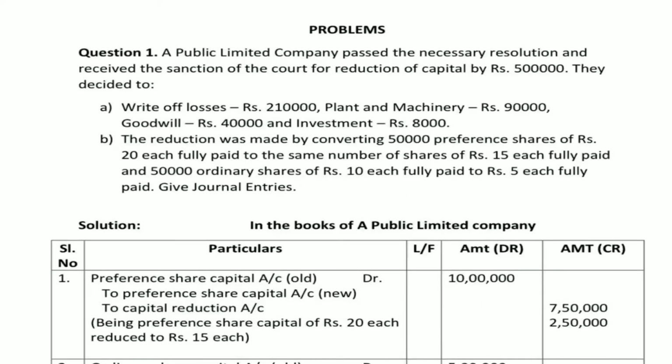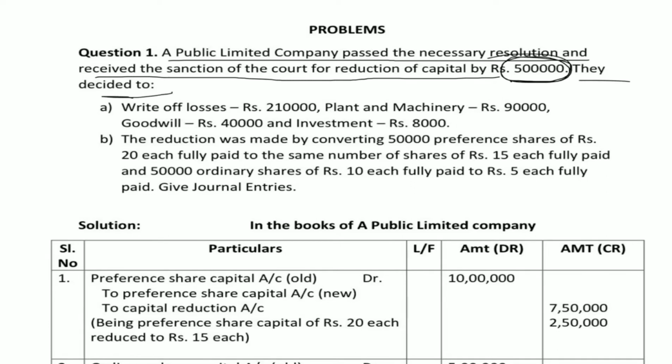Now let us look into the question to understand the concept better. A public limited company passed the necessary resolution and received the sanction of the court for reduction of capital by rupees 5 lakh.